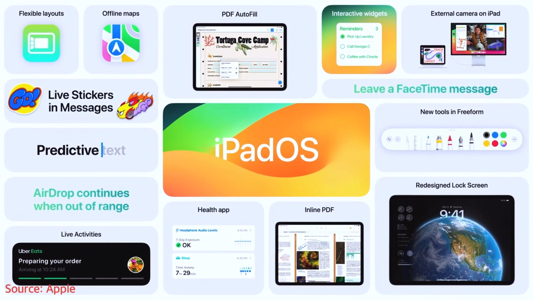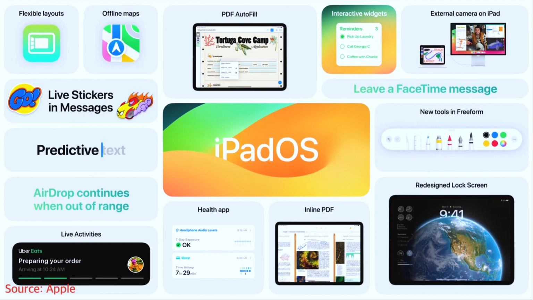So that is a summary of some of the top new features on iPadOS, but there are also some of the features that you can find on iOS 17 as well, including new stickers and live stickers, predictive text, AirDrop, enhanced AirDrop, and also FaceTime messages.